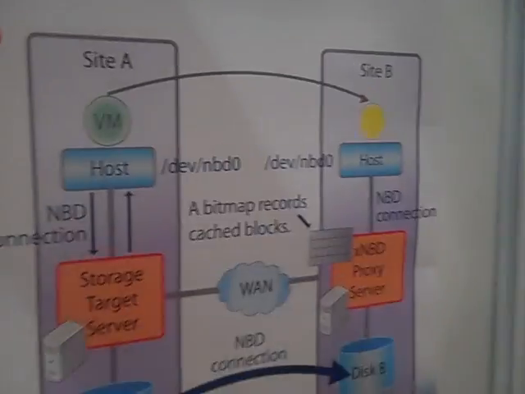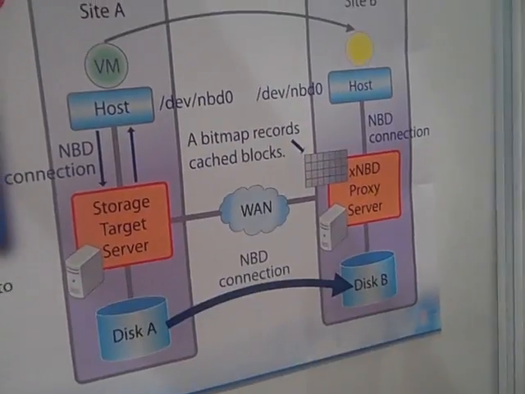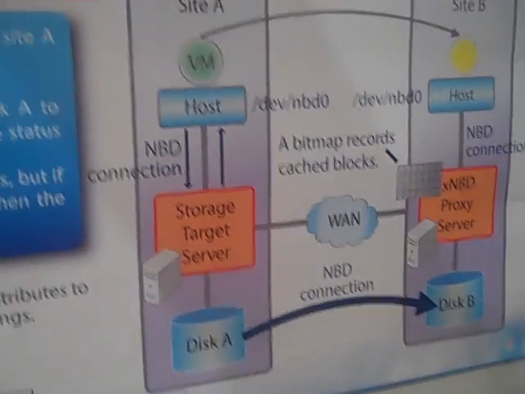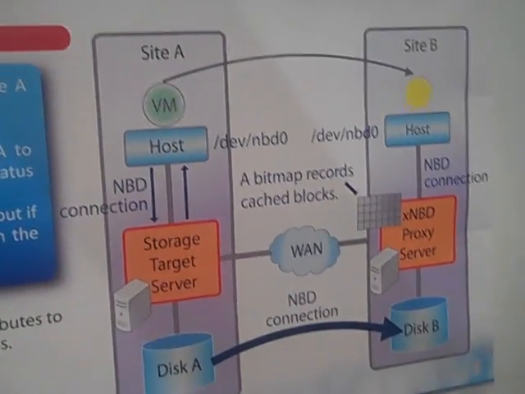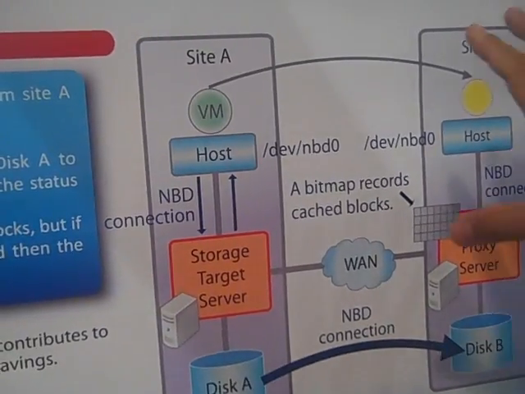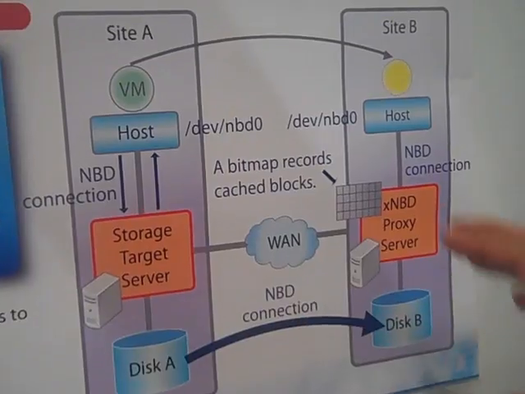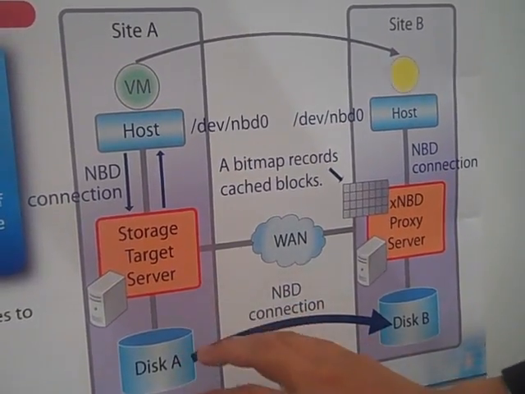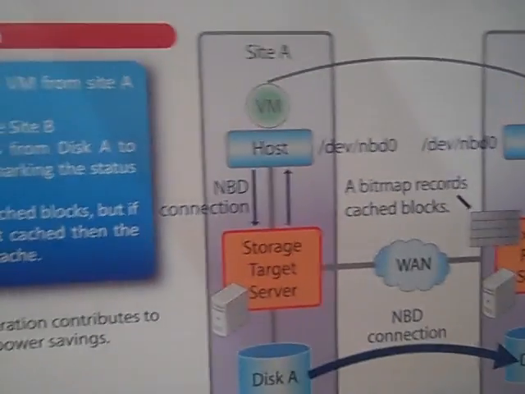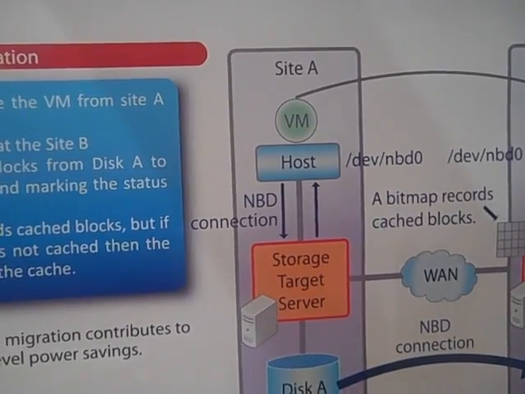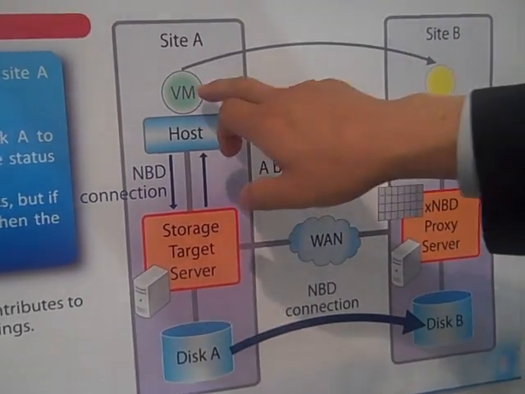For the second, the more global migration, usually you have to make a copy of the entire data from the source site to the other site. We have adopted quite a similar technology.